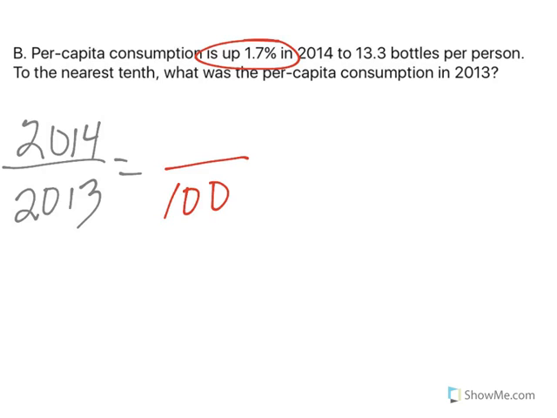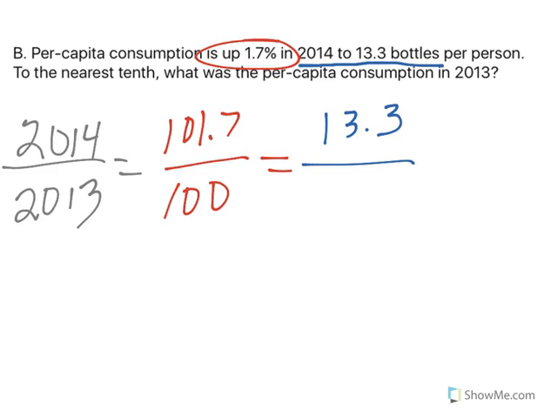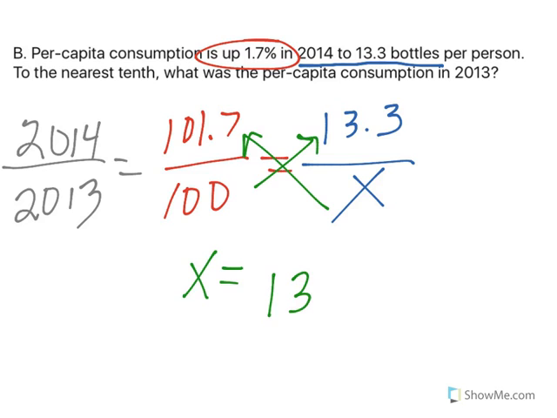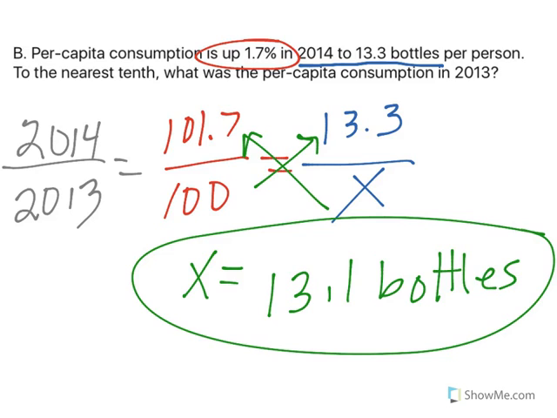So if 2013 is our base at 100%, if we go 1 on 1.7, that gives us 2014. Now, in 2014, it went up to 13.3 bottles. Again, we're trying to find the value for 2013. I cross multiply, to the nearest tenth, 13.1 bottles in 2013. Notice I labeled, right? Labels are always important when you're doing these problems.